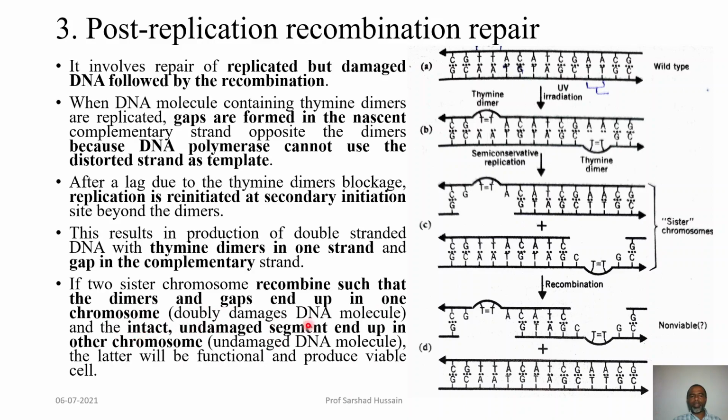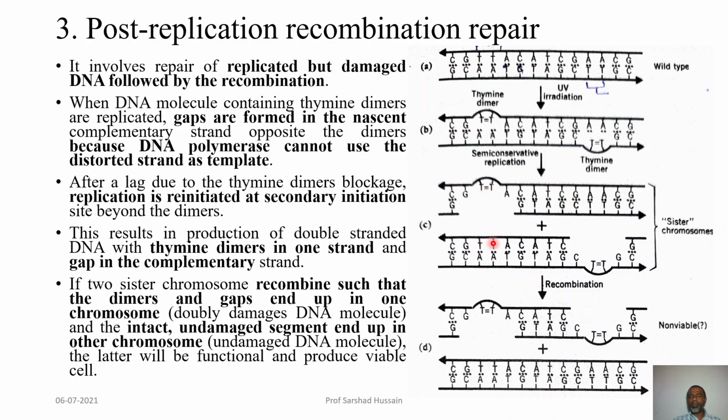That means, one chromosome may become totally non-viable or damaged, having damaged DNA, and the recombination leads to the formation of the other chromosome, which will have both the strands of the DNA intact. Say for example, the recombination between these two chromosomes will take place like that.